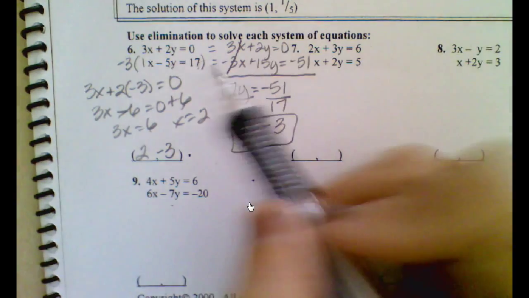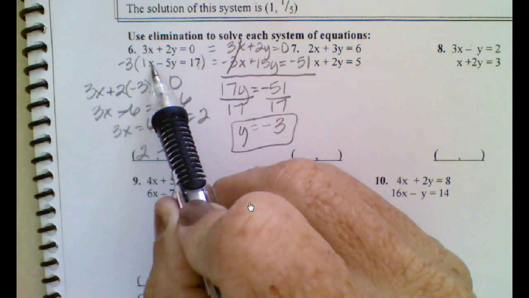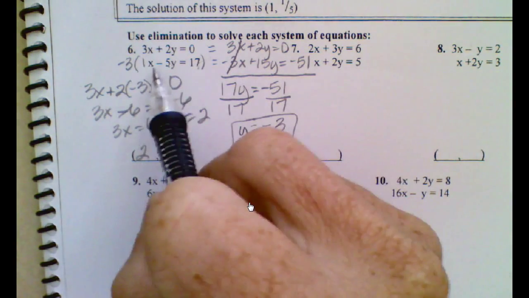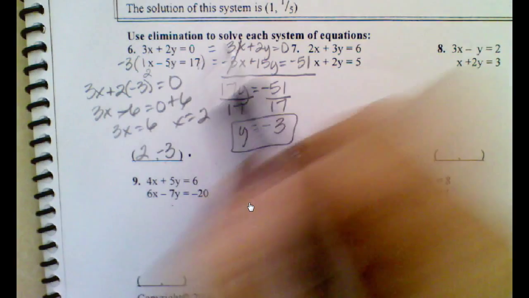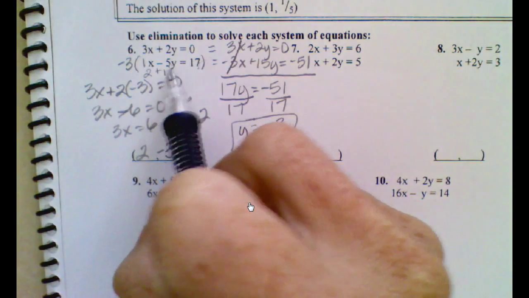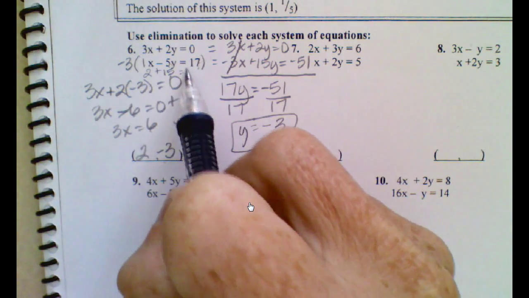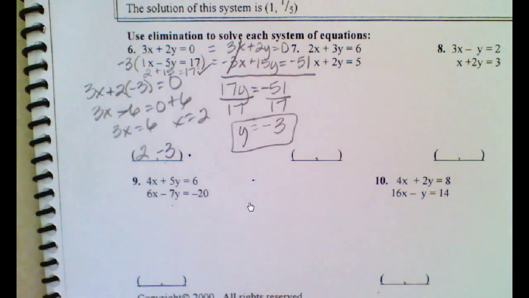That's fine. Okay, so let's check it here. What's 1 times 2? 2. What's negative 5 times negative 3? 15. And what's 15 plus 2? Ding.